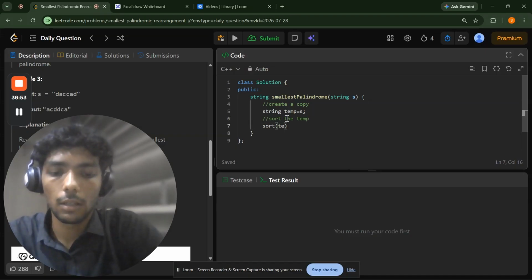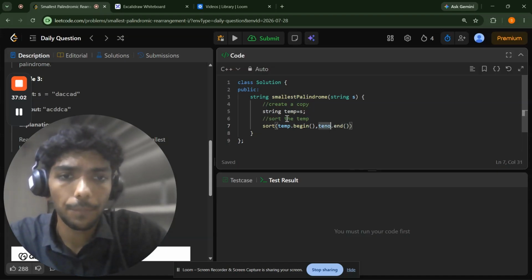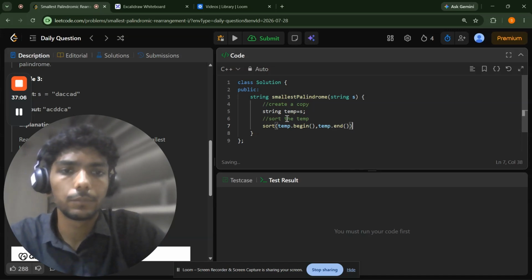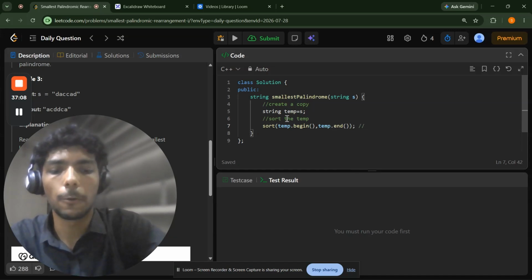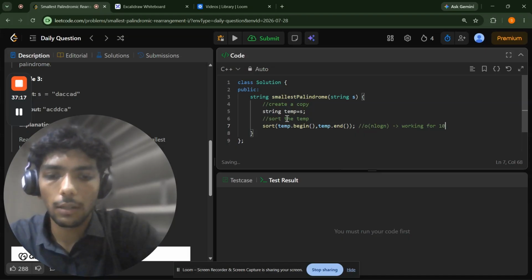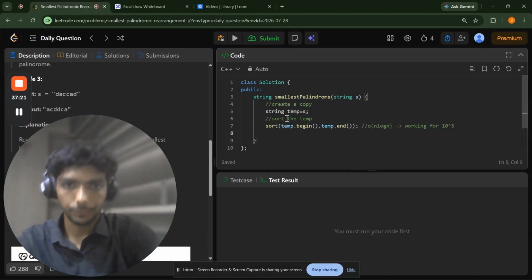Sort temp dot begin, temp dot end. The sorting time complexity is n log n and it is working for 10 power 5, so it is well within the range.